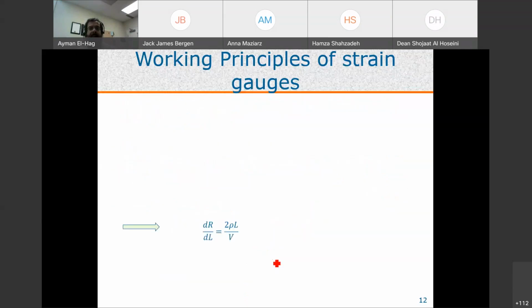Okay. Let's move on. Now, R is equal to rho L square over the volume.